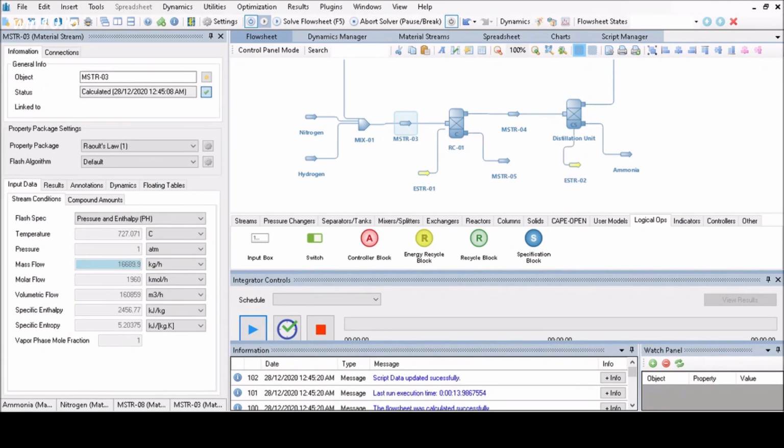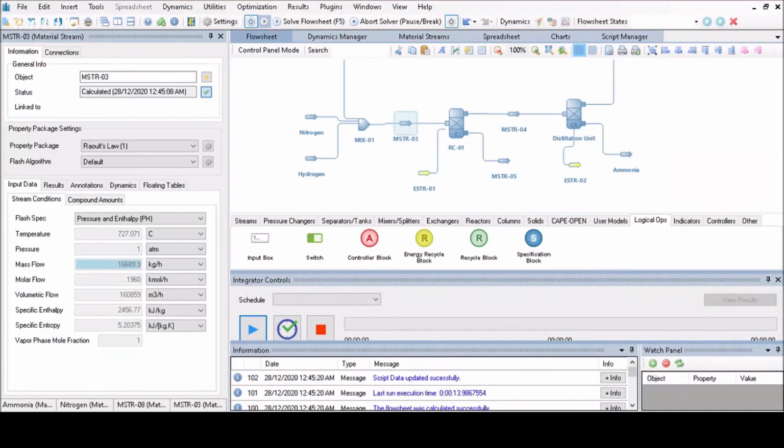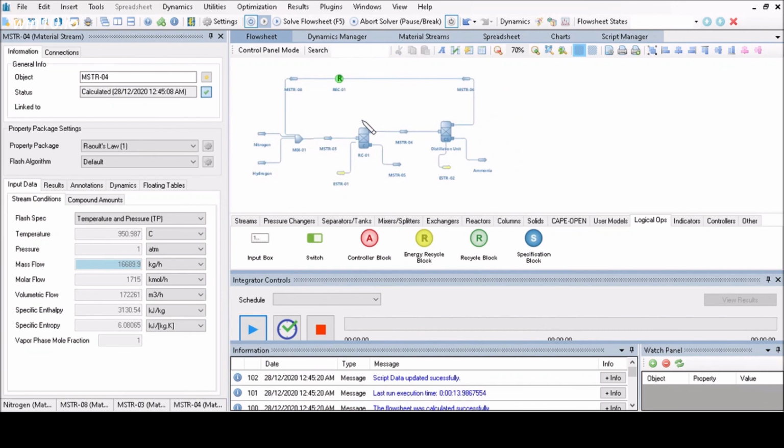And for stream 4, we have 1,715, and in here we should get the same value, 1,715. So that's the simulation for this problem. Thank you.